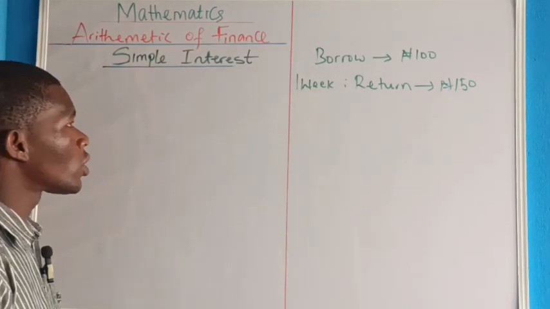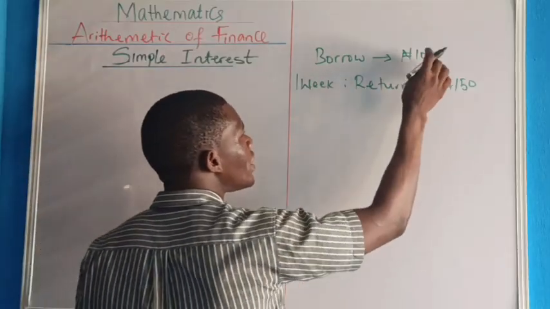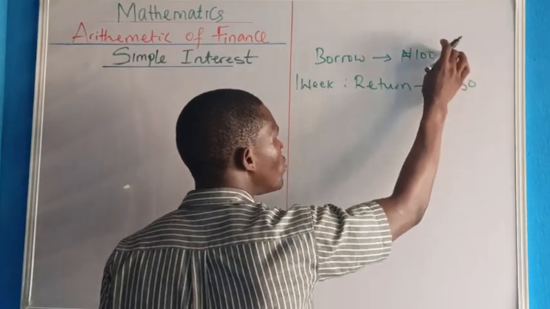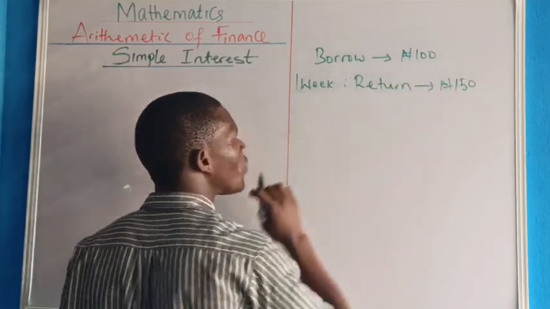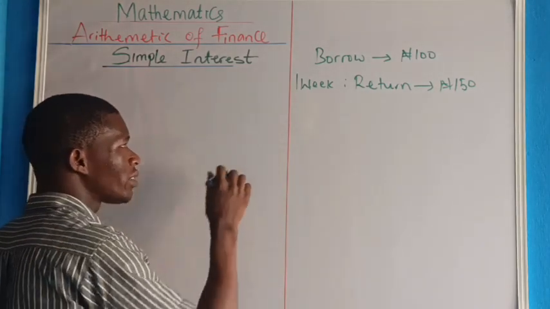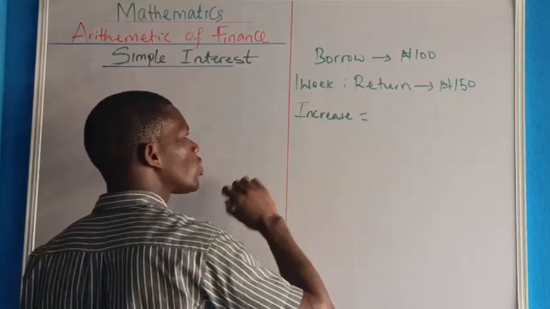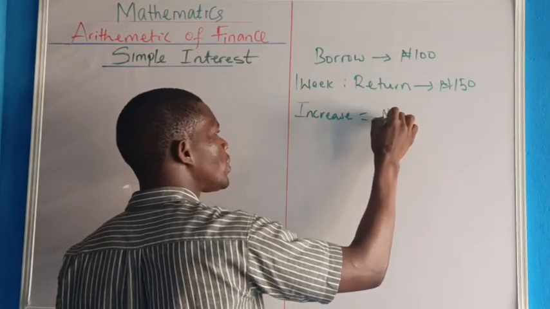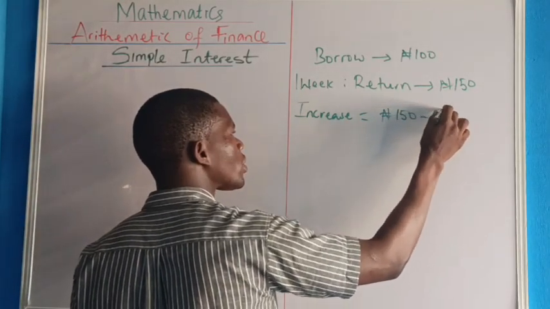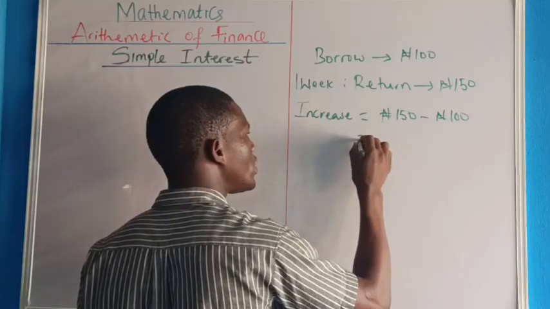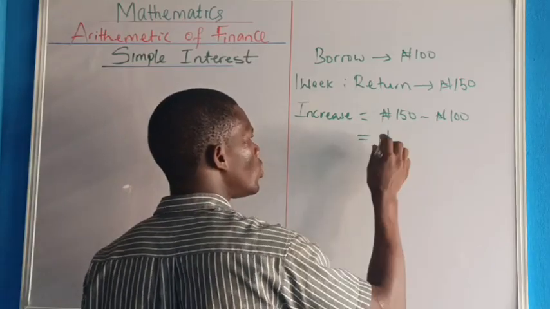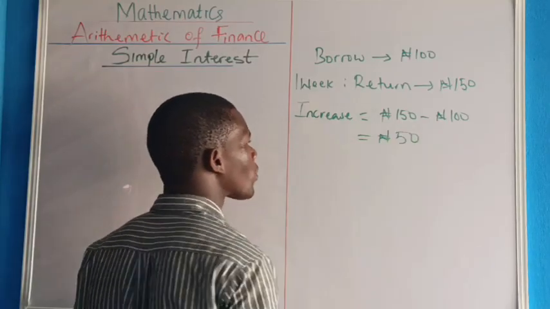So you notice that there is an increase from 100 to 150 naira. So let's calculate the increase. The increase equals 150 naira minus 100 naira, and that equals 50 naira.